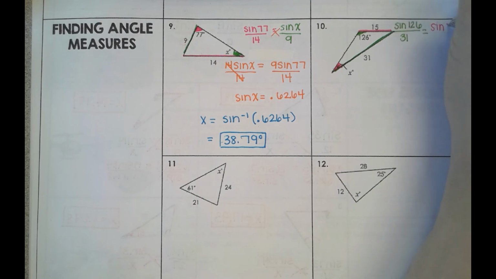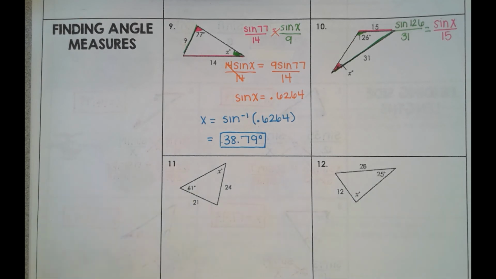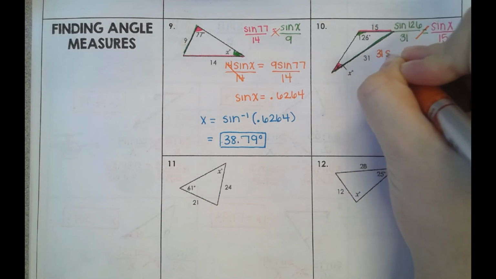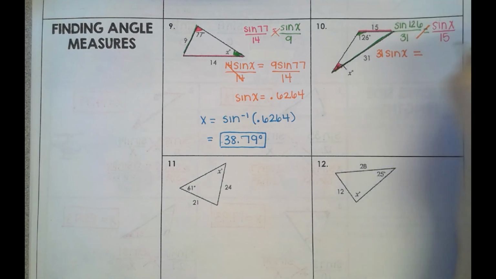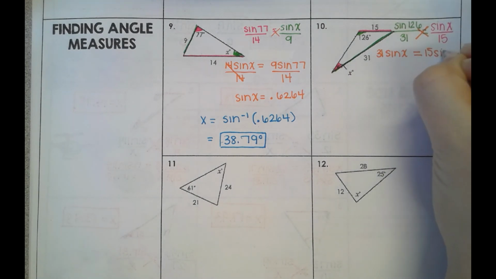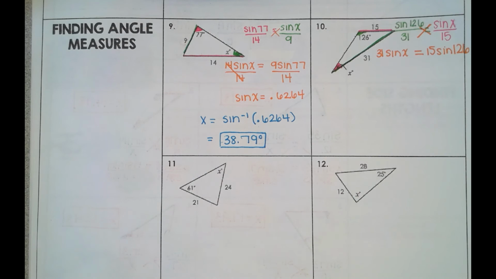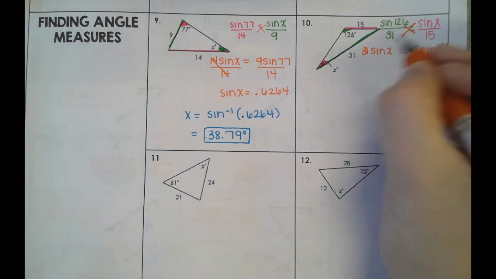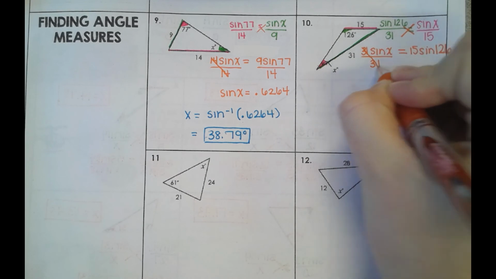So sine of x over 15. Then when we cross multiply, 31 sine of x equals 15 sine of 126. And then we got to divide both sides by 31.